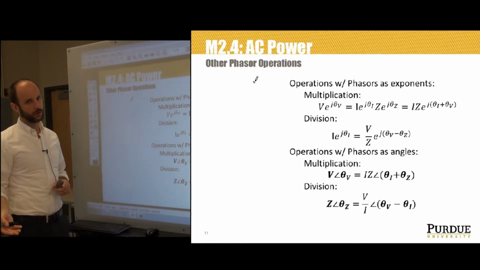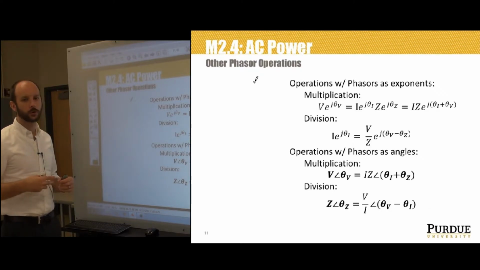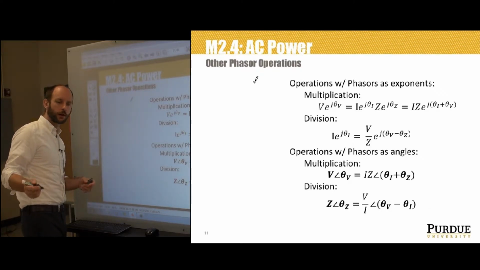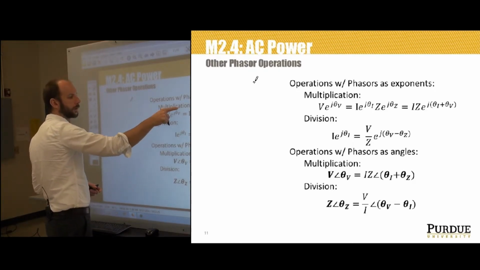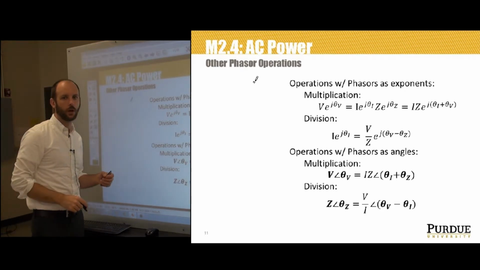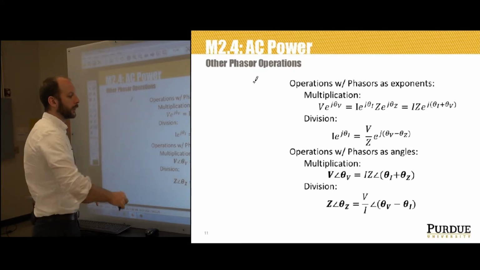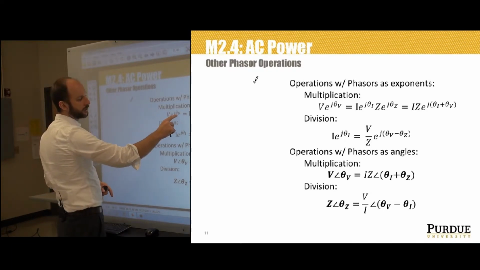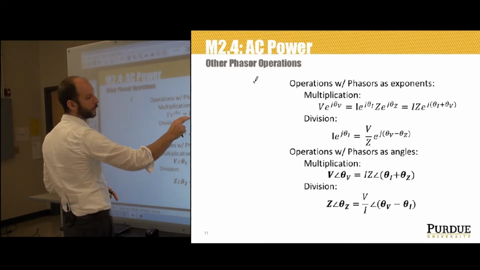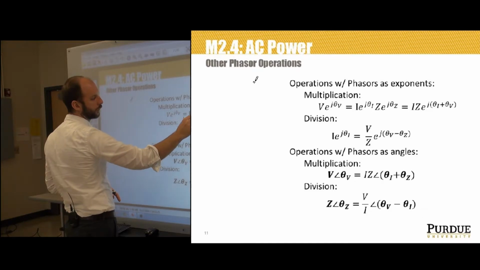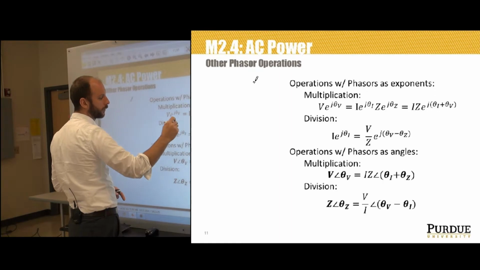So a lot of times when you're using these phasor operations with Ohm's law, KVL, and KCL, we have to do a little bit of phasor math. I'm not too familiar with what you're taught in your other classes, so a brief review. You've probably already seen this, but if you have, it never hurts to review, right? So the first operation we want to look at is multiplication. This is really well represented in Ohm's law. The voltage is going to be equal to the current times the impedance phasor, or the impedance vector.